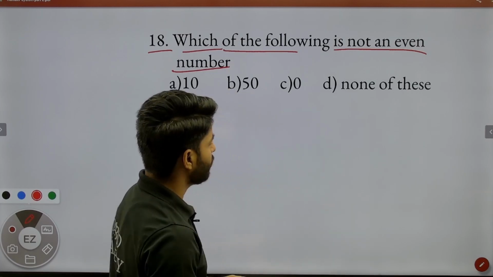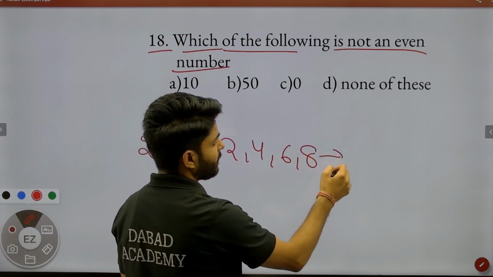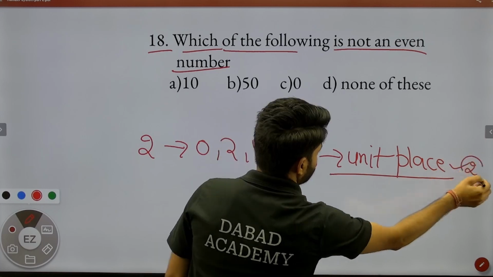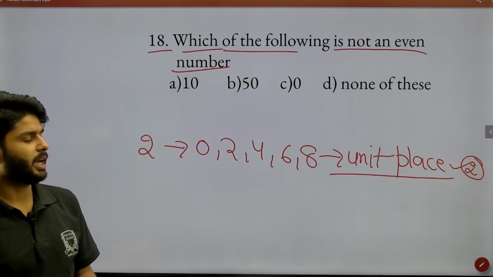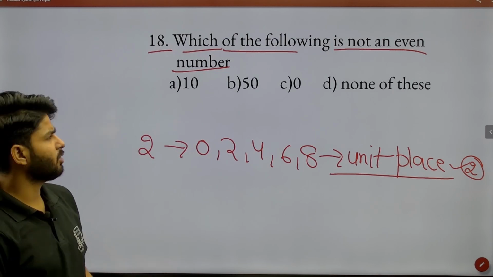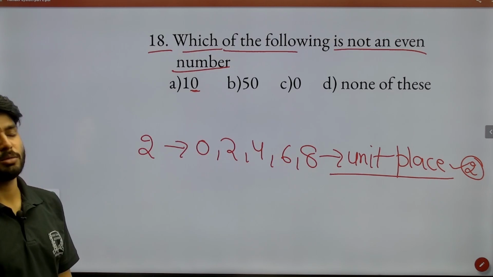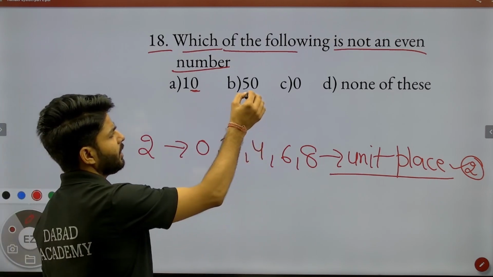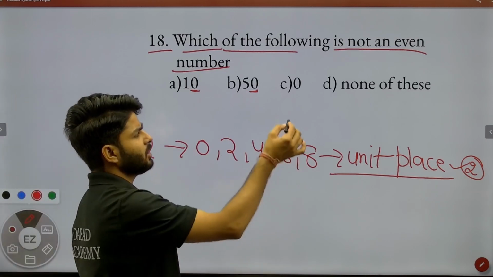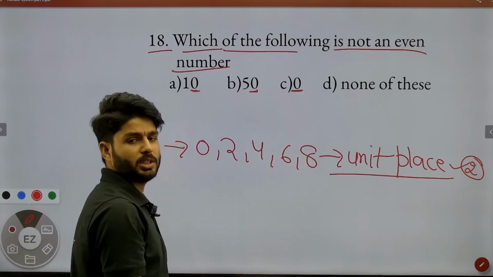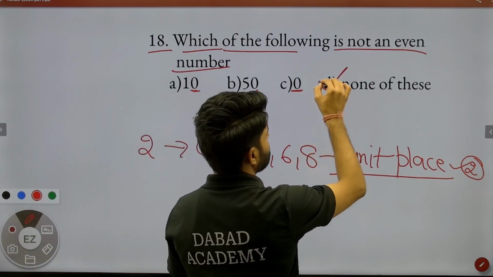In the divisibility rule of 2, the numbers which have 0, 2, 4, 6, 8 in their unit place are always divisible by 2. So any number with 0 in the unit place is divisible by 2. Then we have 0 here, so this number was also divisible by 2, and 0 was also a number which is divisible by 2. So D is the right answer, and that is none of these.